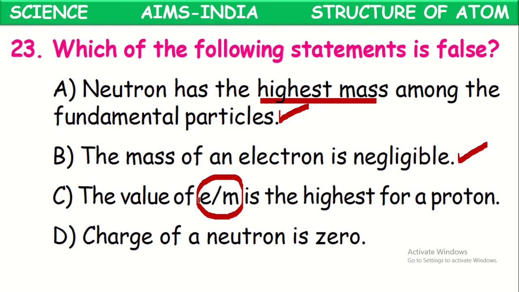So for those, the e/m ratio will be much greater than the remaining two. So the e/m ratio of proton is not the highest. It is highest for electron. So it is the wrong statement. Now, charge of neutron is 0. This is also correct. Only the false statement is this.